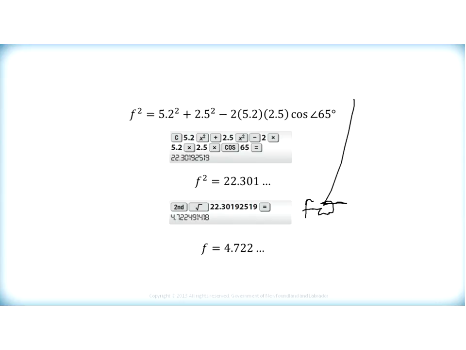Apparently not. Hold on one second. Okay, third time's the charm.